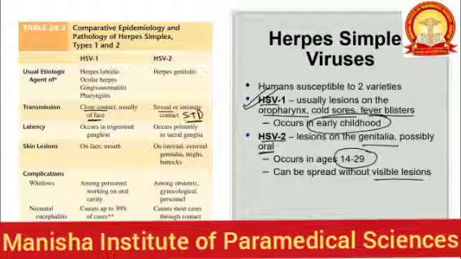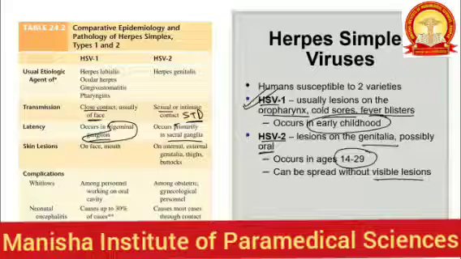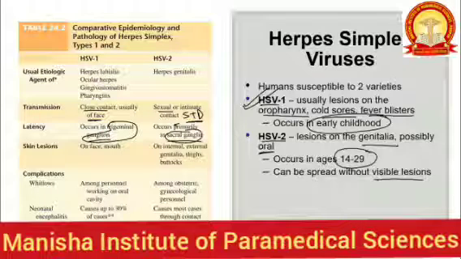means STD, sexually transmitted disease. Latency for HSV1 occurs in the trigeminal ganglion, while HSV2 occurs primarily in sacral ganglia. So that's the difference. In case of HSV1, it's trigeminal ganglia infection. In case of HSV2, it's sacral ganglia.